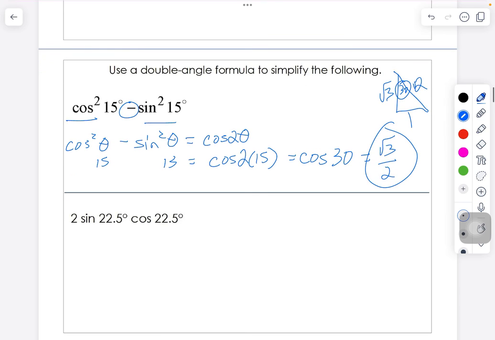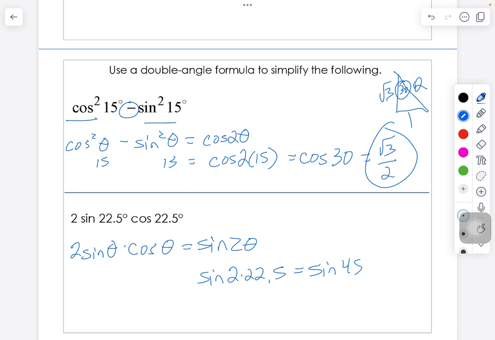Okay, double sine of the angle times cosine of the angle, so 2 sine theta times cosine of theta, that is sine 2 theta. My theta here was 22.5, so I'm going to do the sine of 2 times 22.5, which is going to give me the sine of 45, which is the square root of 2 over 2.